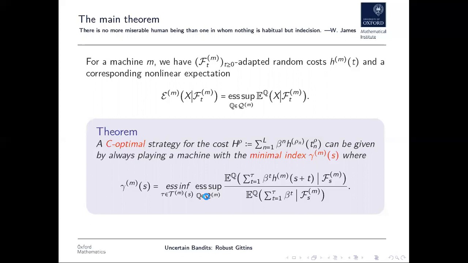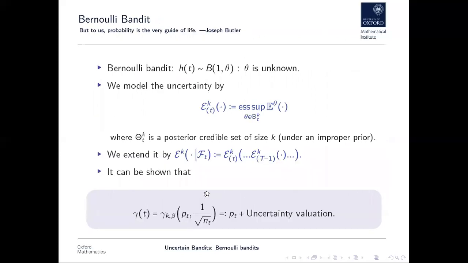Okay, so now let's try to see what the Gittins index really means, how you interpret the idea of the index. To interpret it, we consider a coin tossing example. We have a Bernoulli bandit with an unknown parameter. At each step, we consider the measure using the credible set or confidence interval of size k as our estimate.